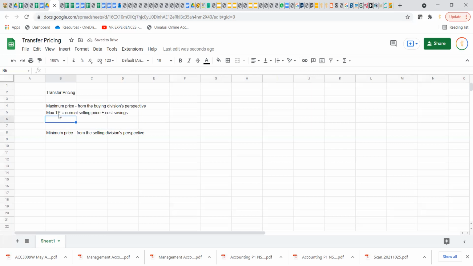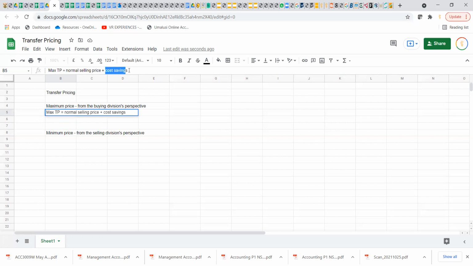The normal selling price is basically the price that the buying division can get if they go to an external party. If they go into the normal market to an external party, how much would they pay? That is the normal selling price, the market price, the price they would pay when they go to an external company.